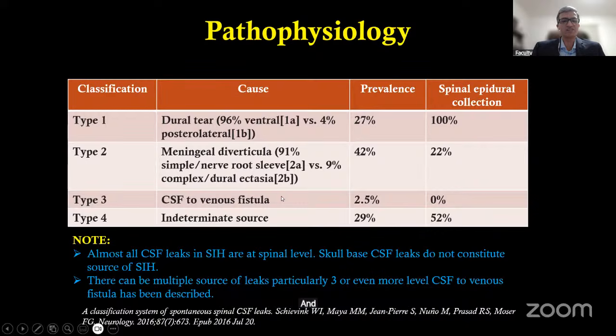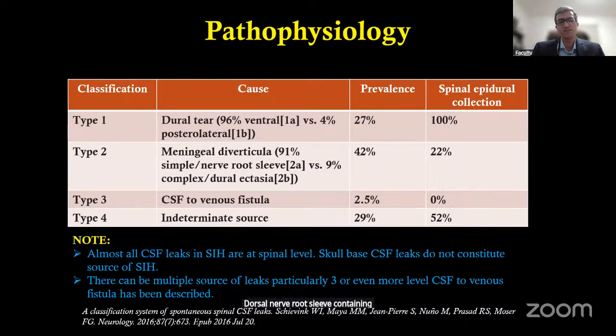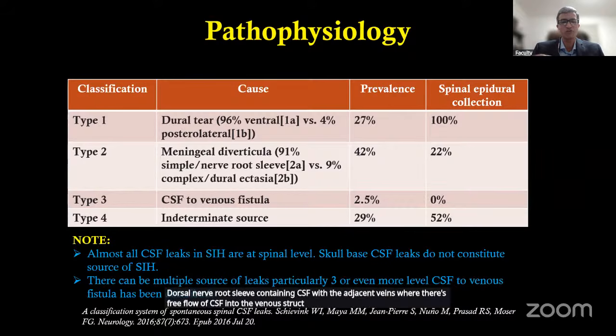And there is something called a CSF to venous fistula, which is type 3, where you do not have any epidural collection. Okay, so this is a direct communication of the dorsal nerve root sleeve containing CSF with the adjacent veins, where there is free flow of CSF into the venous structures. There is unhindered flow, and that results in intracranial hypotension. So these are the most difficult ones to diagnose.